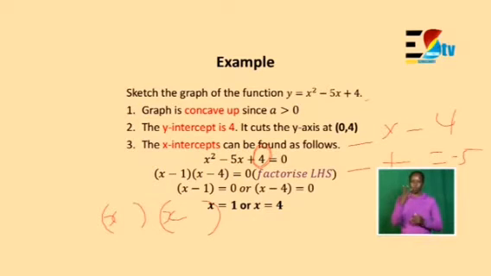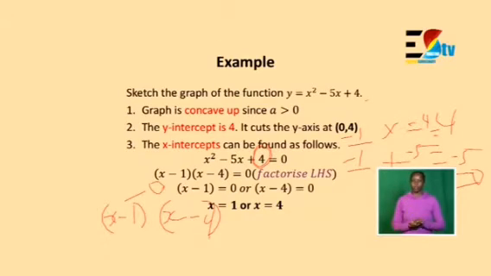You will see that those factors are -1 and -4. When you multiply -1 and -4, you get 4. When you add -1 and -4, you get -5. So those are the 2 factors that qualify. So you just put -1 and -4. Hence you have factorized that quadratic expression.